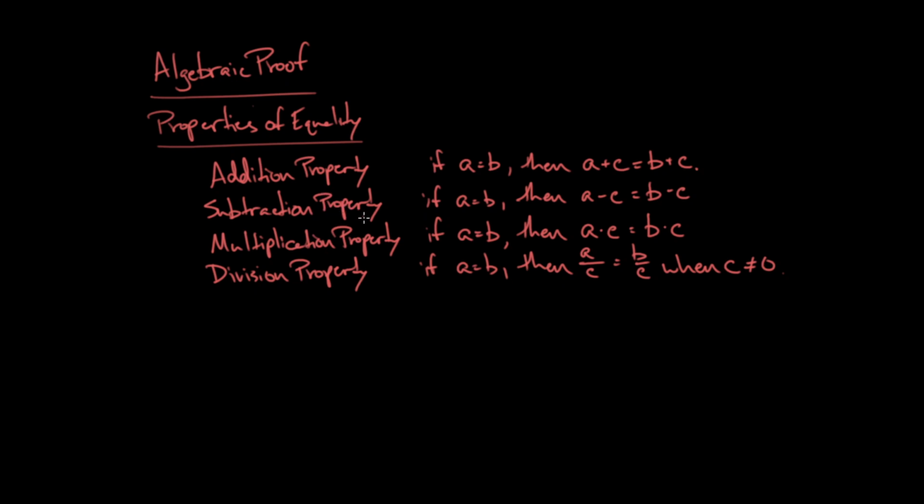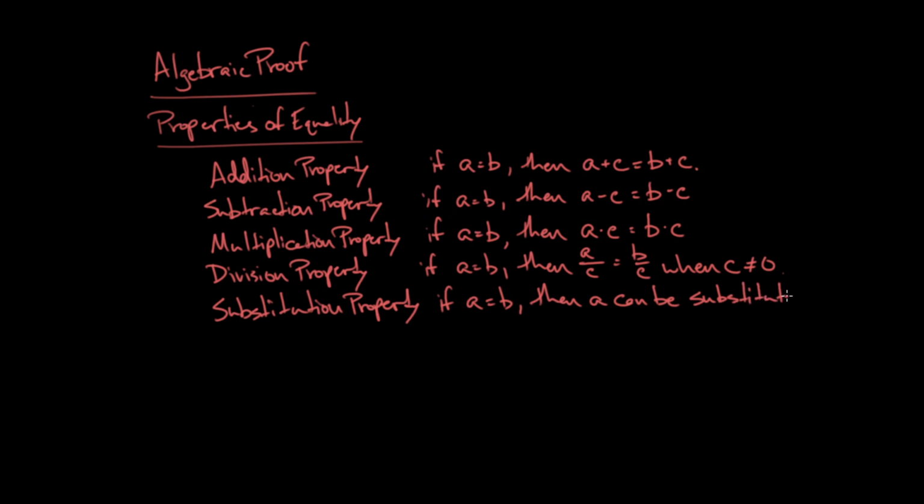So that's great. And then I have one last one. So these are my 4 operations. These are pretty straightforward. You've been using these for a long time. But then I have another one, which is my substitution property, and this is a little bit of a weird one to write, but it just says that if I have two things that are equal to each other, if a is equal to b, then a can be substituted for b.